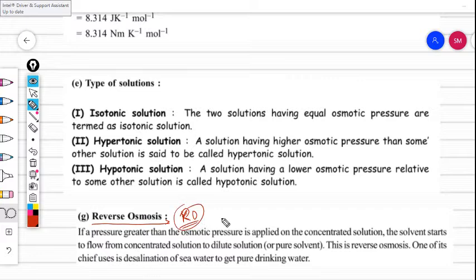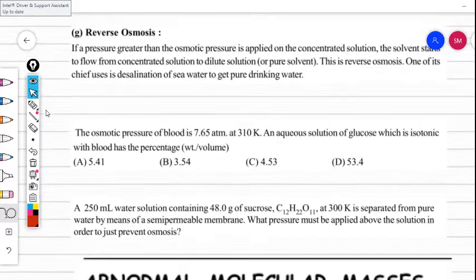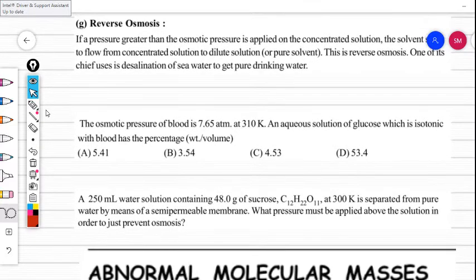Reverse osmosis plants, which are used in the purification of water. This is the latest technology we use for the purification of water, and it is very important. So the application of reverse osmosis is purification of water. Next, we're going to see sample questions.